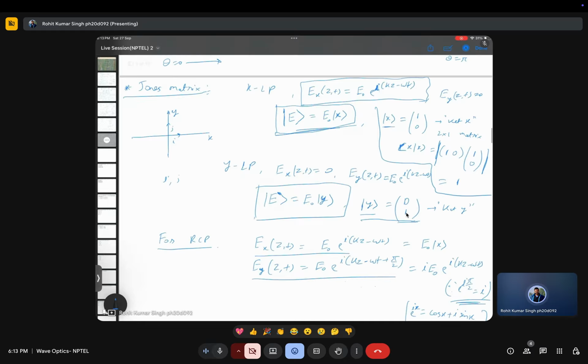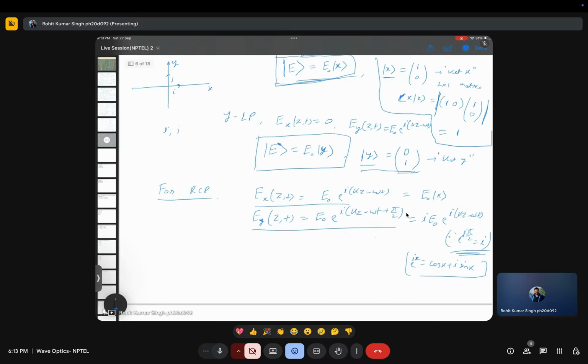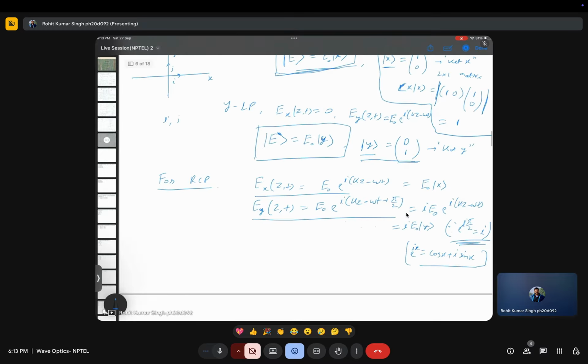This is a linearly polarized wave, and this one is i times E naught y, right? And if you add them together, what do you get?